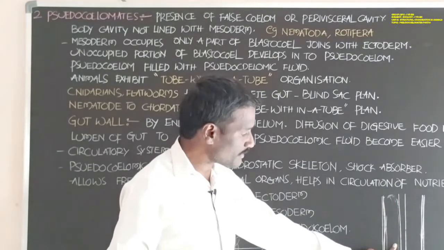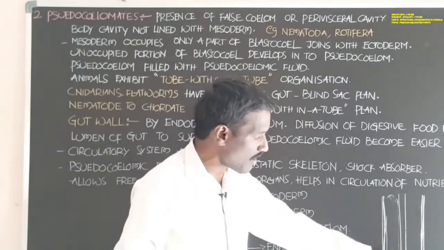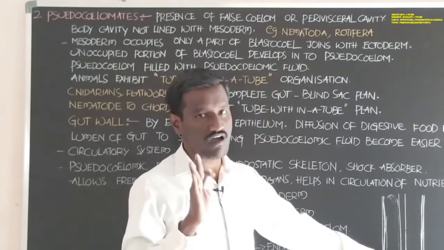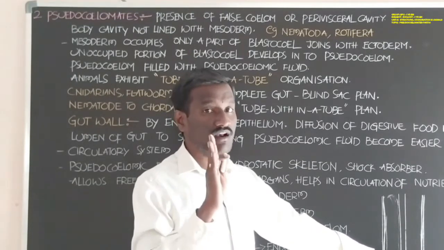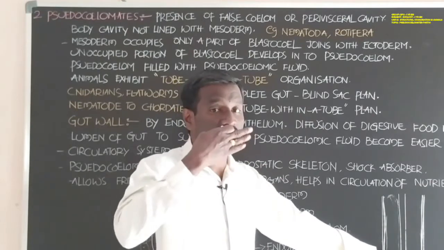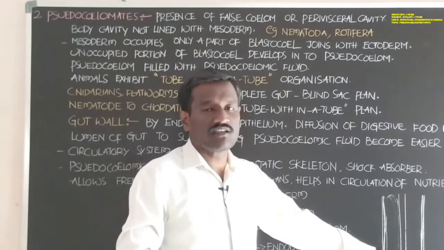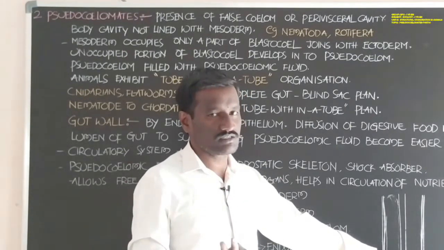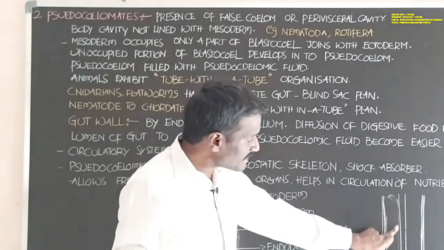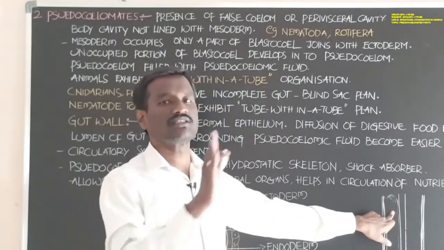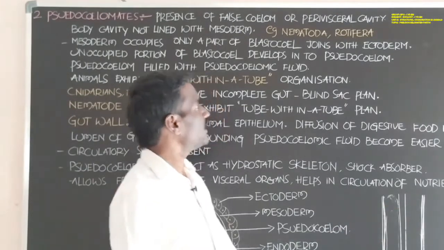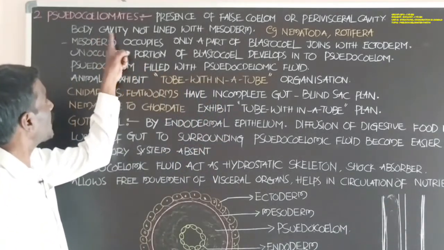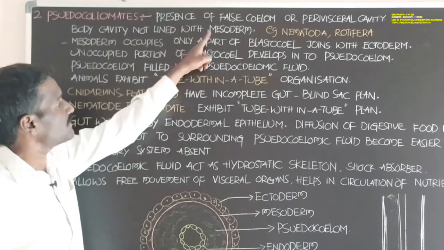Internal organs present in the inner part of the body are called visceral organs. The space between the visceral organs is also called the body cavity. Student, this body cavity is not lined with the mesoderm.